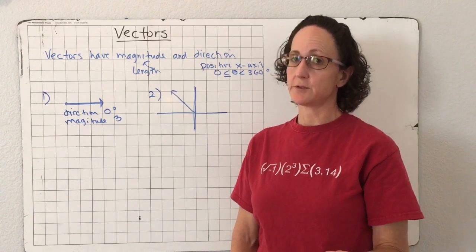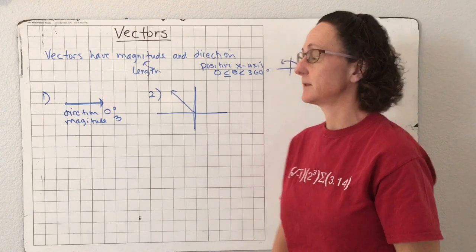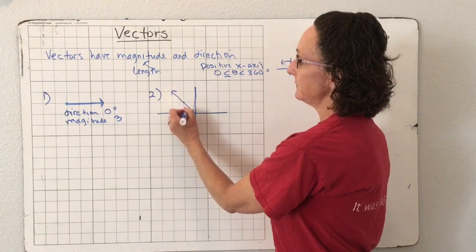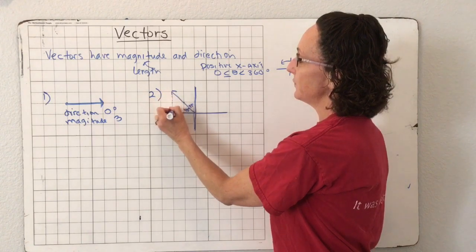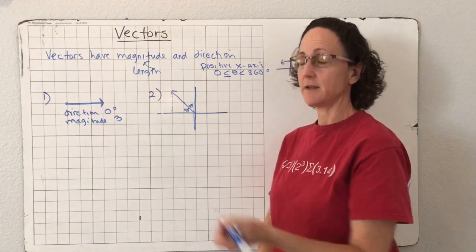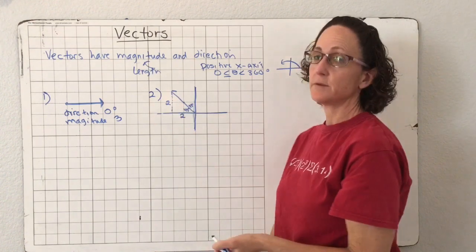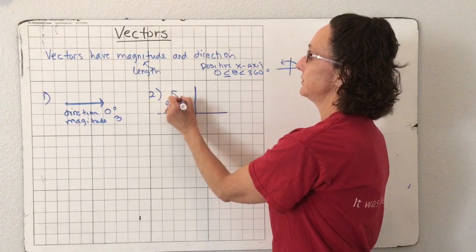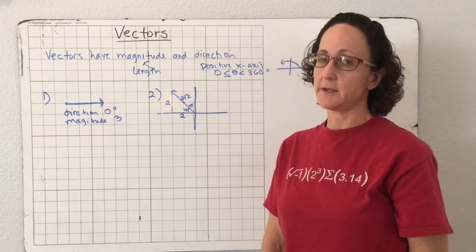You'll use your special triangles sometimes. If this is right in the middle, then you should know that these are both 45 degrees. So we have our 45-45-90 triangle, which means that if this is 2 and this is 2, the length of this is 2 root 2. X root 2. So that comes in handy.